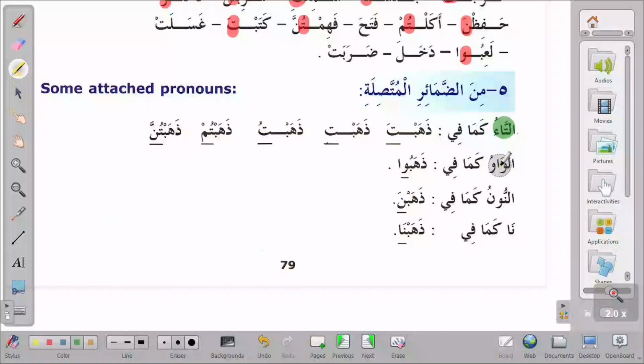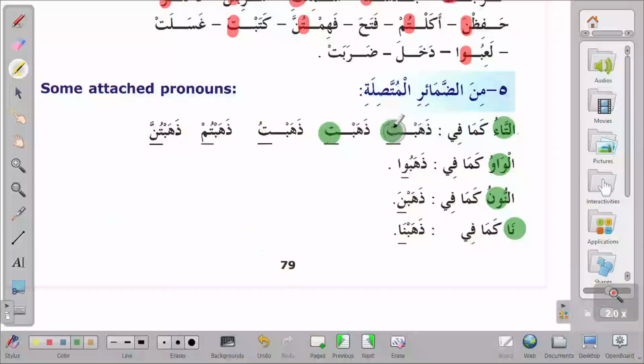Then we have the waw among the attached pronouns. Then we have the noon. Then we have the na. Those are the attached pronouns. So the ta. Okay. So for example, zahabata. You see. Zahabati. Here is the doer.